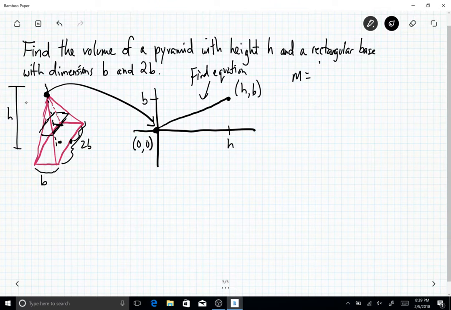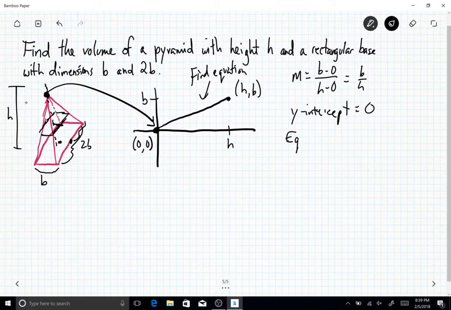Well, that goes b minus 0 all over h minus 0, so that's b over h. The y-intercept equals 0. Hence our equation for the line is y equals b over h times x.